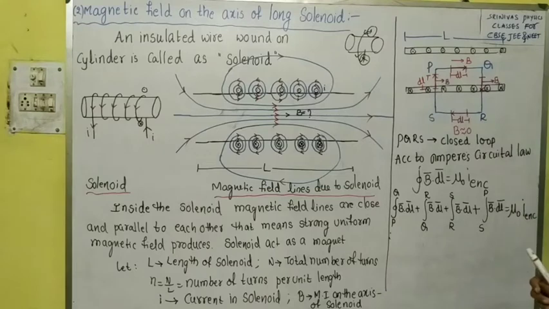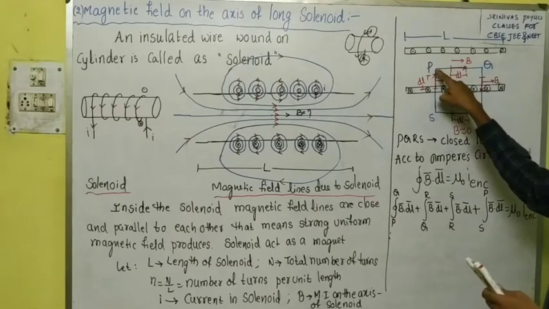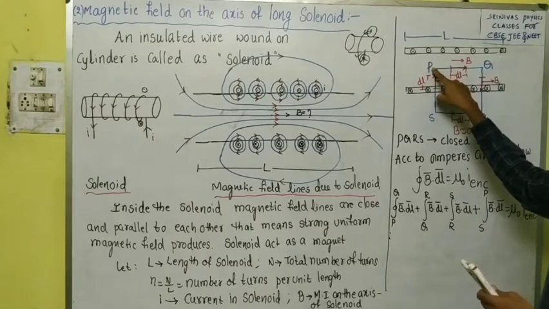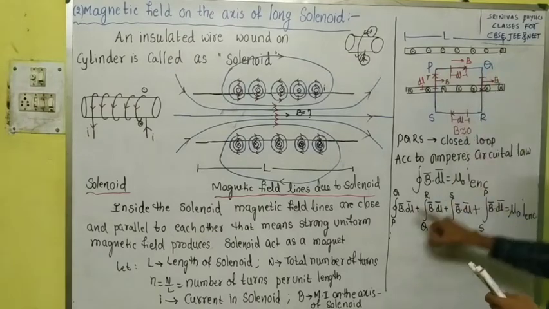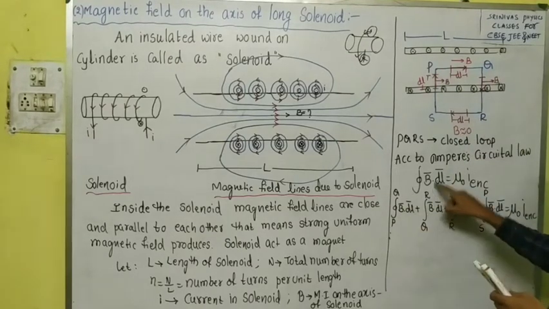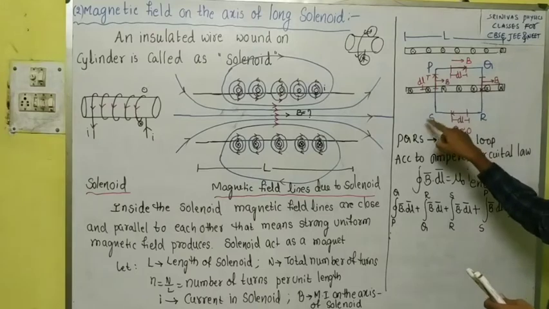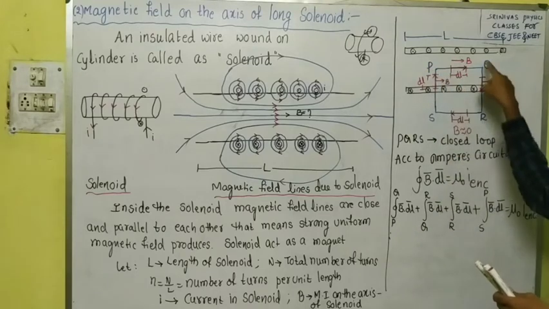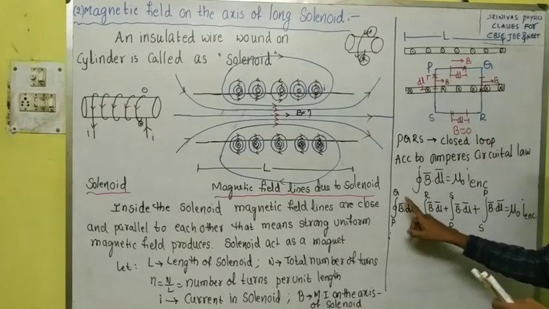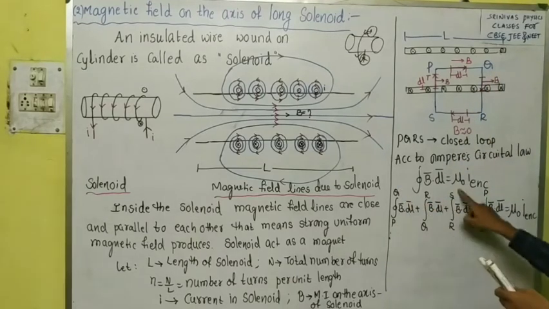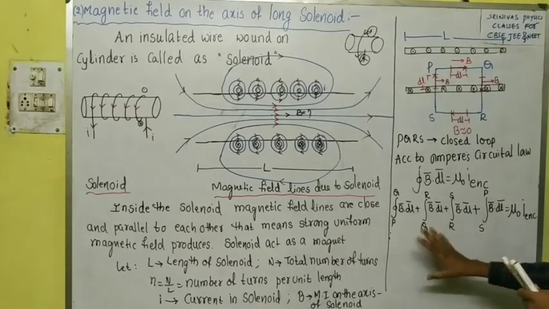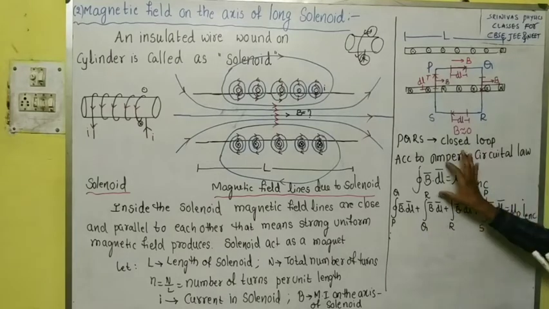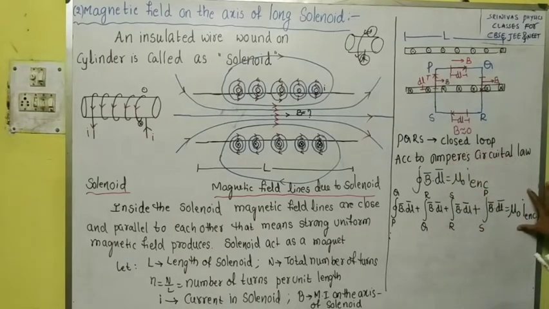I am splitting this loop PQRS into P to Q, Q to R, R to S, and S to P. So the integration of B bar dot dl bar over the loop has four parts. This is according to Ampere's circuital law till now, and now let us continue.